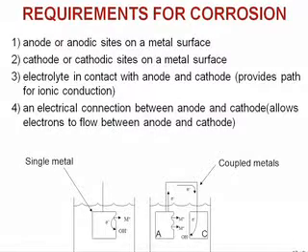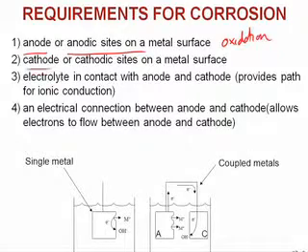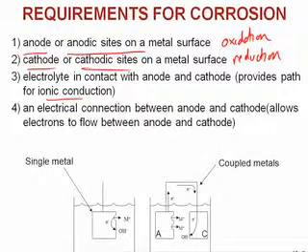Okay? For corrosion to occur, we need to have an anode or anodic sites on a metal. That's where the oxidation happens. We need a cathode or cathodic sites on a metal. That's where reduction happens. We need an electrolyte that provides ionic conduction. Electrolyte contains ions, and we need an electrical connection to allow the electrons to flow.